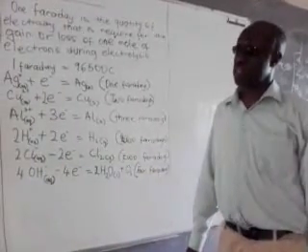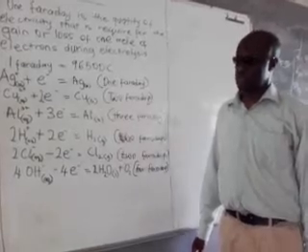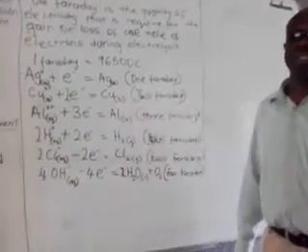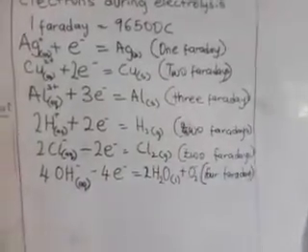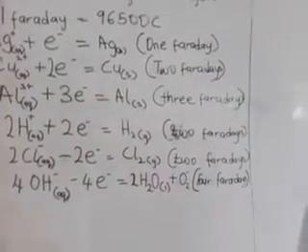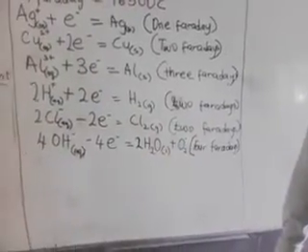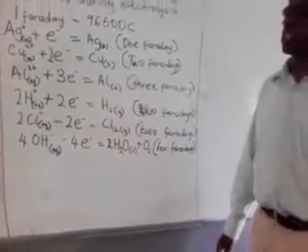Now, the equation is 2H+, because hydrogen is a diatomic molecule. Hydrogen gas is diatomic. So 2H+ + 2e- gives us H2 gas.